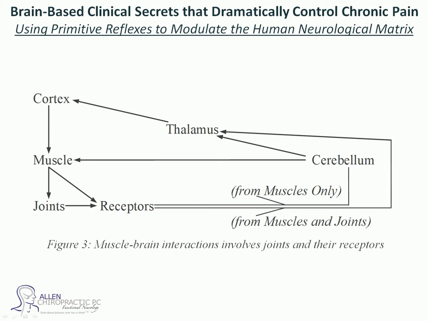The cortex gets input from the thalamus, and the thalamus and the cerebellum receive their afferentation from receptors in joints and muscles. So if we have a joint and or muscle problem, that is increased spasticity in one area relative to another, we have a deafferentation of the receptor afferentation, which then sets off the cerebellum and thalamus and ultimately the cortex, and it contributes to the muscle breakdown.